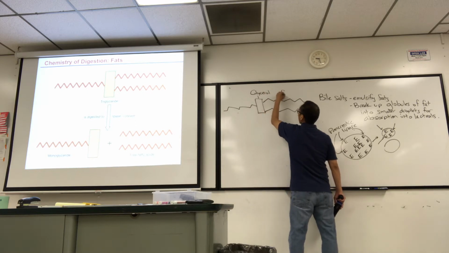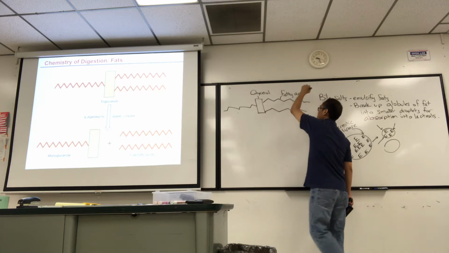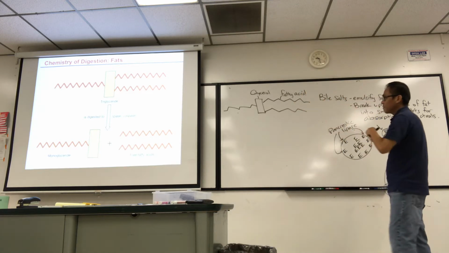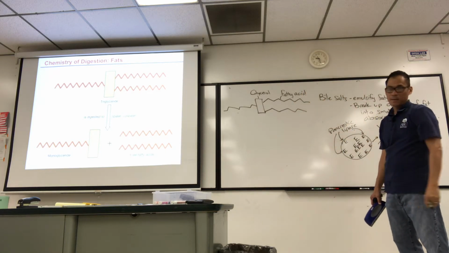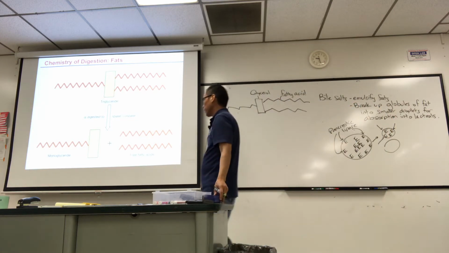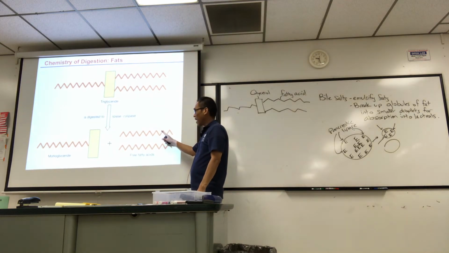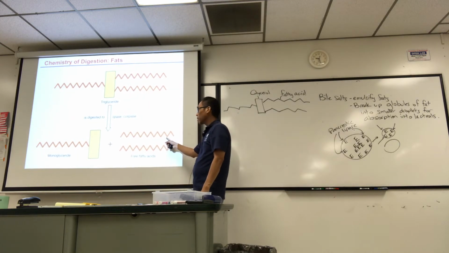Glycerol. A fatty acid is just a hydrocarbon chain. Now the goal is to break off the fatty acids so they can circulate. And so that's all the lipase does. It just breaks off fatty acids, and these are what can circulate and enter the muscle cell. So when you burn fat, these are literally what you're burning.